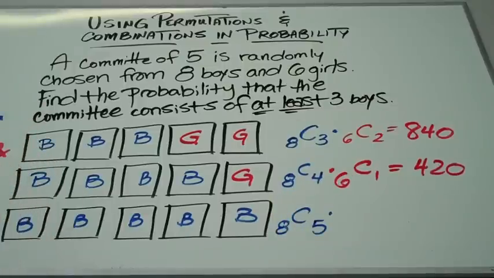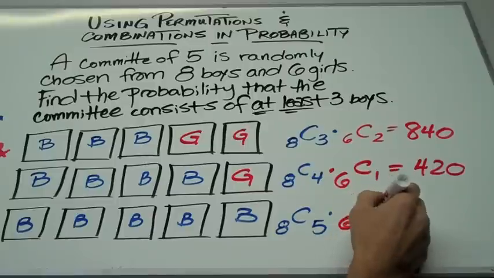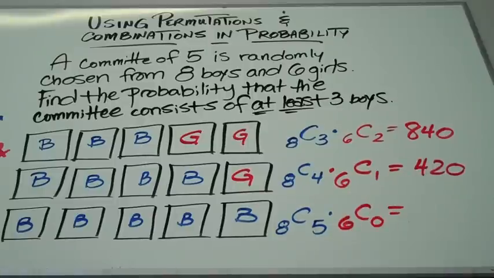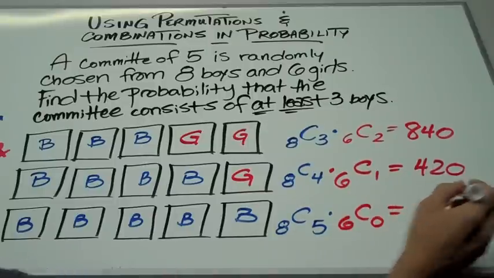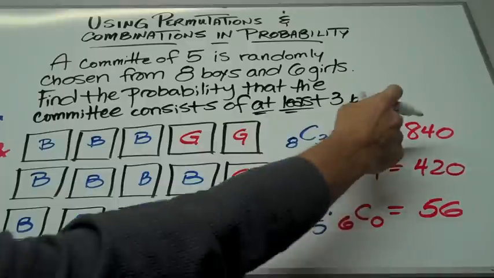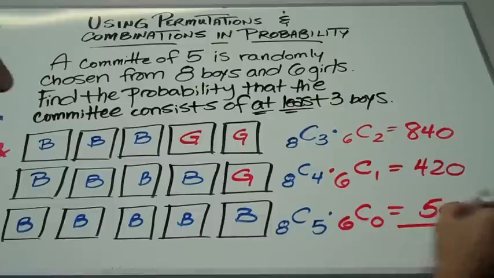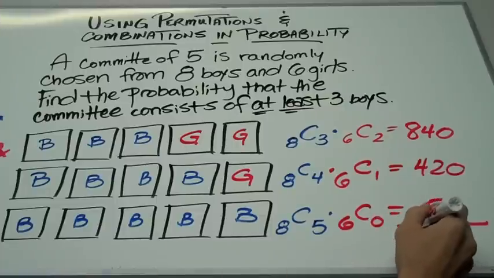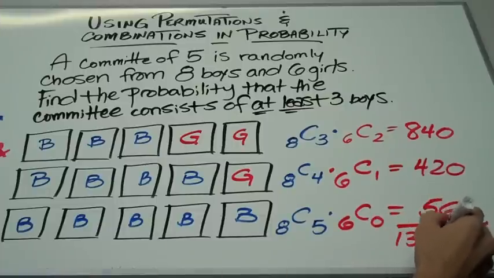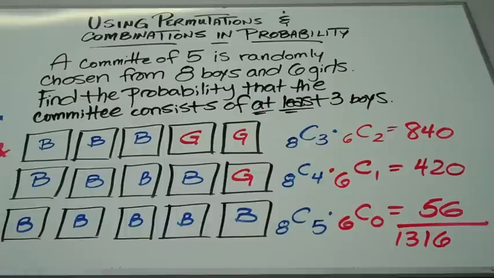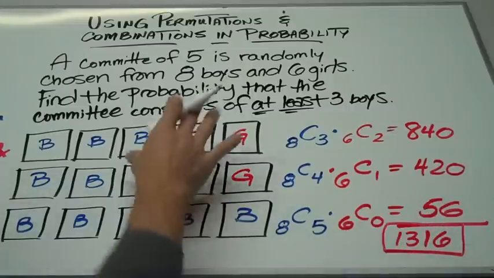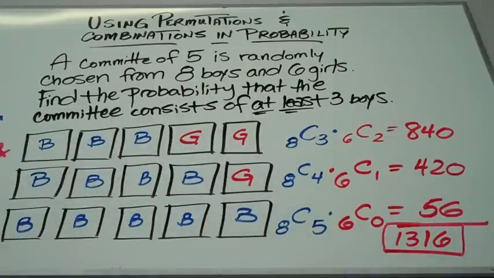For the girls, it's 6 to choose from, we're going to choose 0, and that's going to give us 56. So we get those different answers, 840, 420, and 56, and all we have to do now is add them up. When we add them up, we get 1316 possibilities. That is the number of committees that satisfy these parameters.